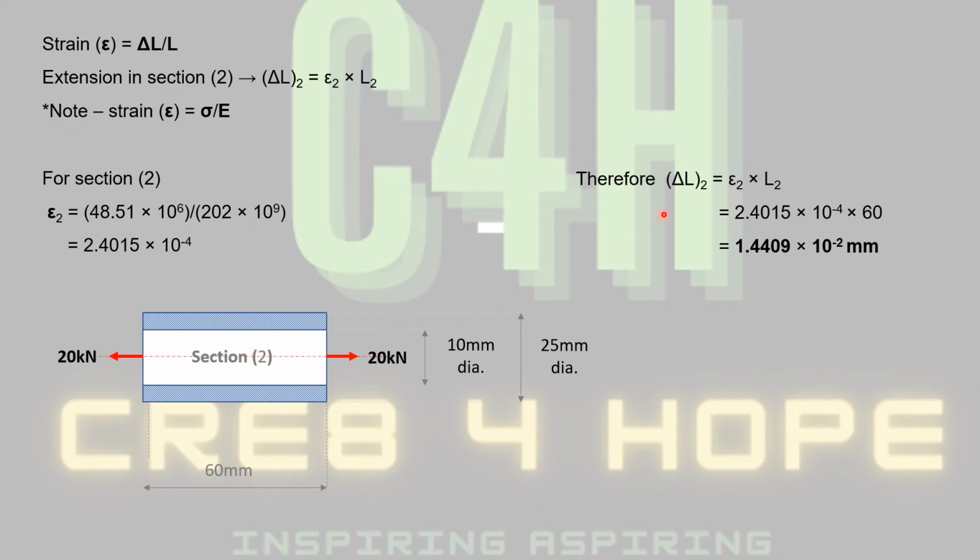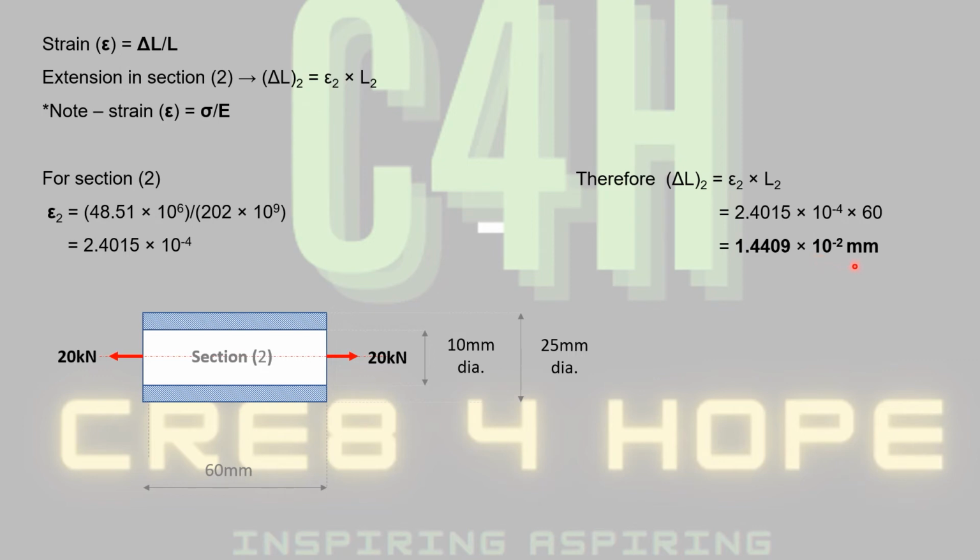So delta L2 is equal to the product of epsilon 2 times L2. Okay, so don't forget that epsilon characterizes the strain and L2 characterizes the original span of the component. So the product of the strain and the original length will yield 1.441 or 1.4409 times 10 to the power of -2 millimeters.